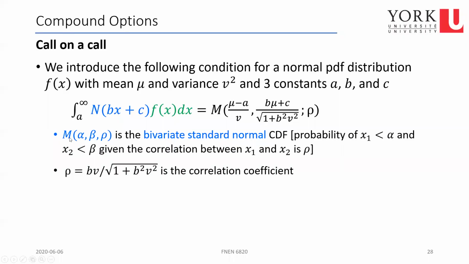So basically, this M function gives us the cumulative probability where random variable x1 is less than alpha, random variable x2 is less than beta, and the correlation coefficient between x1 and x2 is rho here.